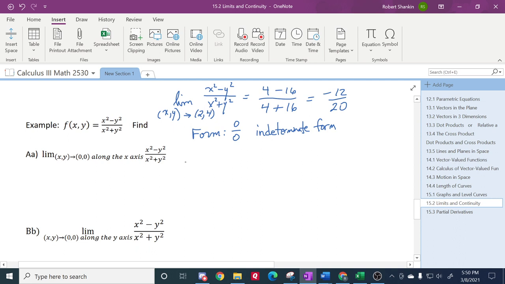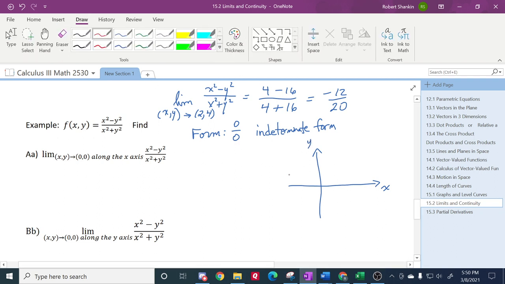All right. So if we approach along the x-axis, so we're approaching along here, we're approaching this point, getting closer and closer to this. Does anybody have any suggestions how I might find this?